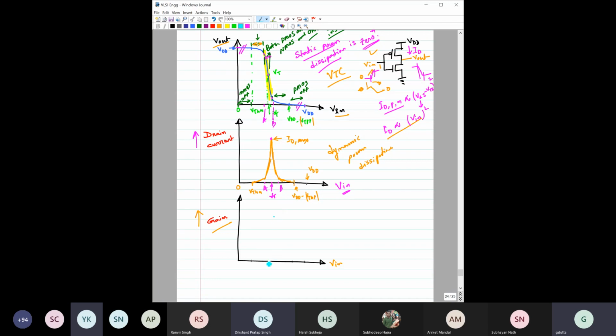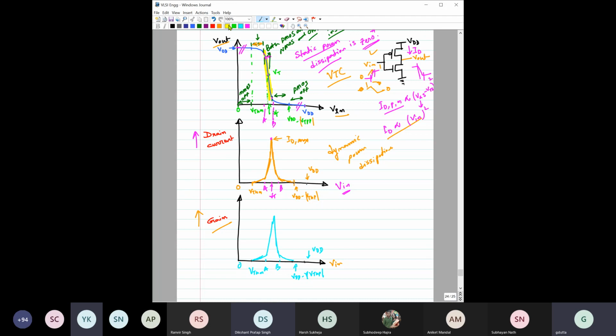So say this is the end point between point A and point B. Here the gain is something like this, and from here to here the gain will fall down, and here it falls down again. This is VTHN, this is VDD minus mod of VTHP, this is VDD, this is 0.